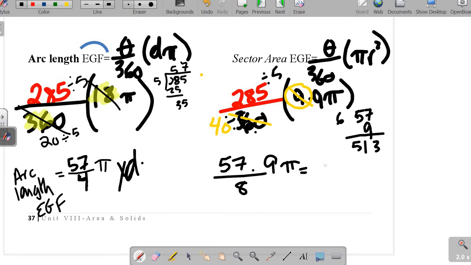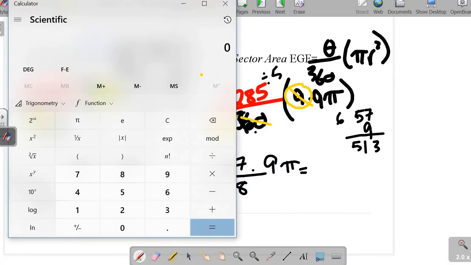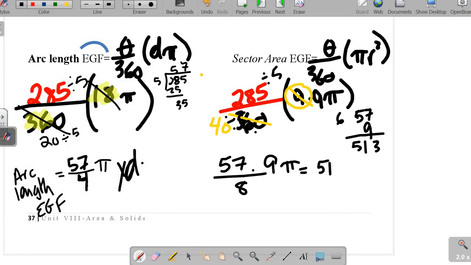Did that by hand, so I know some of you that makes you nervous. So just to show you, 57 times 9, 513. So 513 over 8, and that cannot be divided by 8 or reduced. Pi, check units, yards squared. Ta-da!